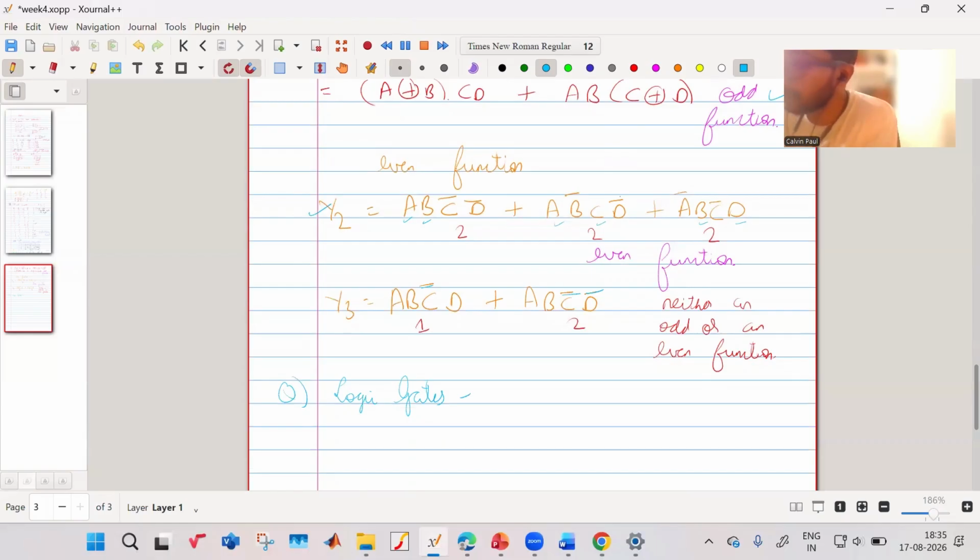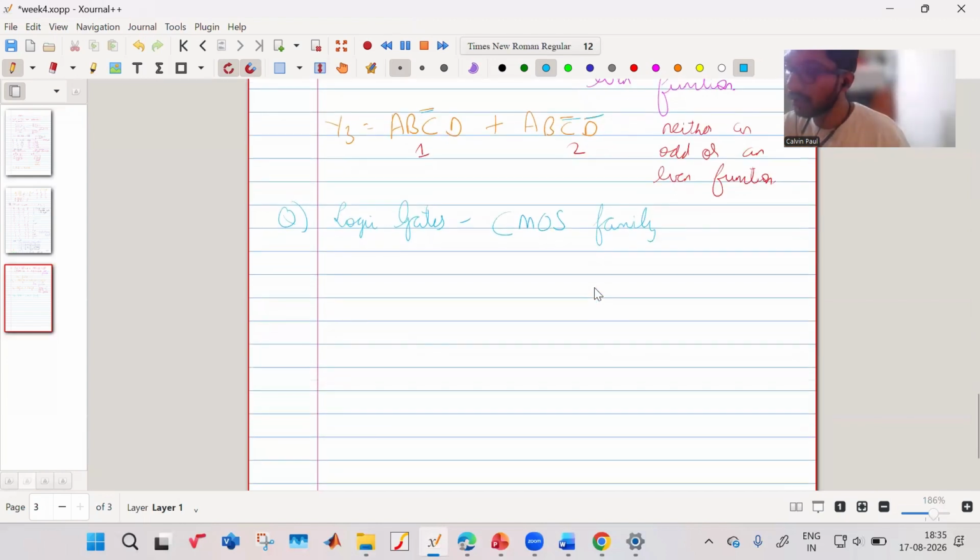So now you have studied logic gates, etc. How do you make logic gates using a CMOS family? Okay, CMOS family. Let us say CMOS is basically you have one, this is a PMOS and this is an NMOS.